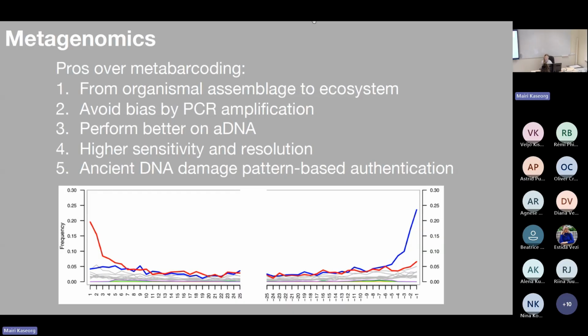It is also better suited for ancient DNA and gives us higher sensitivity and resolution. And one nice bit is that we can authenticate that the sequences we are looking at are actually ancient, based on damage patterns at the end of fragments that you can see here.